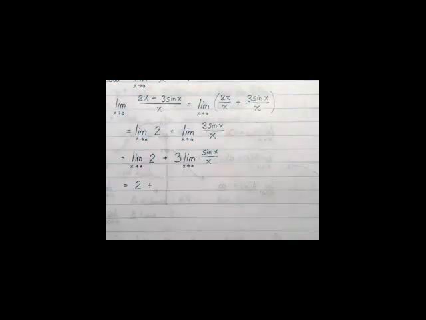And then I have 3 times the limit as x goes to 0 of sine x over x. What is this? That's equal to 1, right? So 3 times 1. 3. And then 2 plus 3. The answer to this limit is 5.